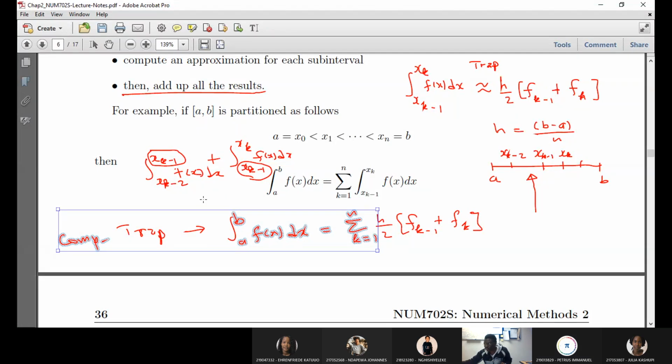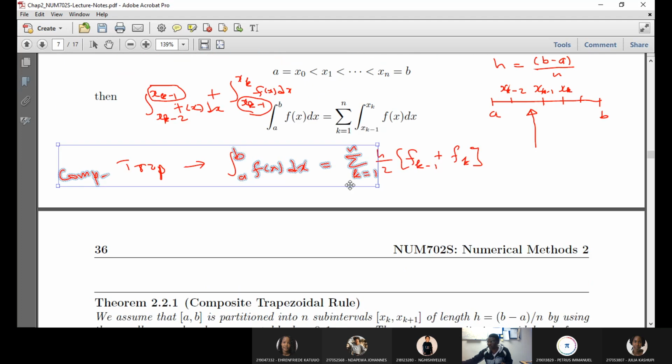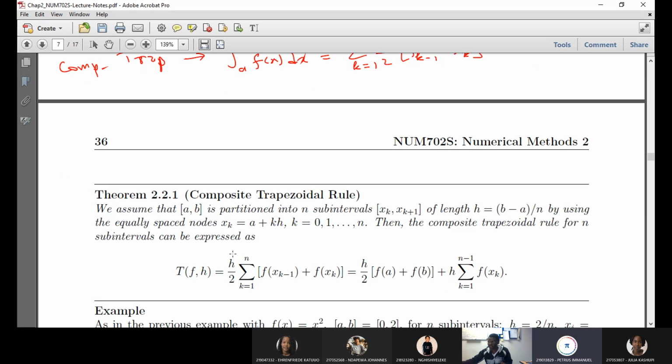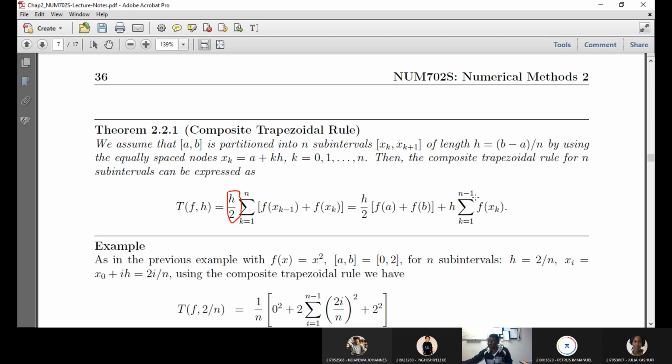So that is why, when we perform the summation, you can see that in this formula I can take h by 2 out of the summation. For all the interior points except a and b, you can take a and b out. The remaining ones will be summed twice, and that's exactly what we have here.